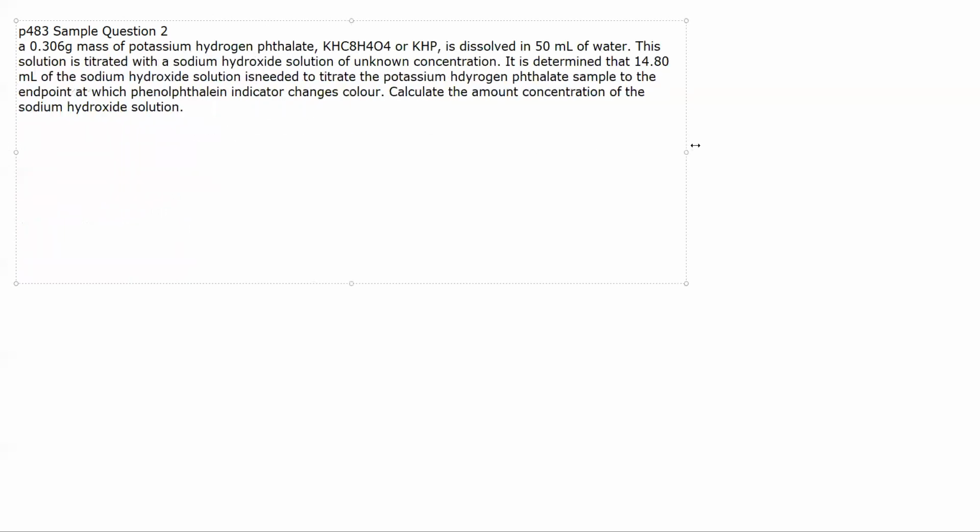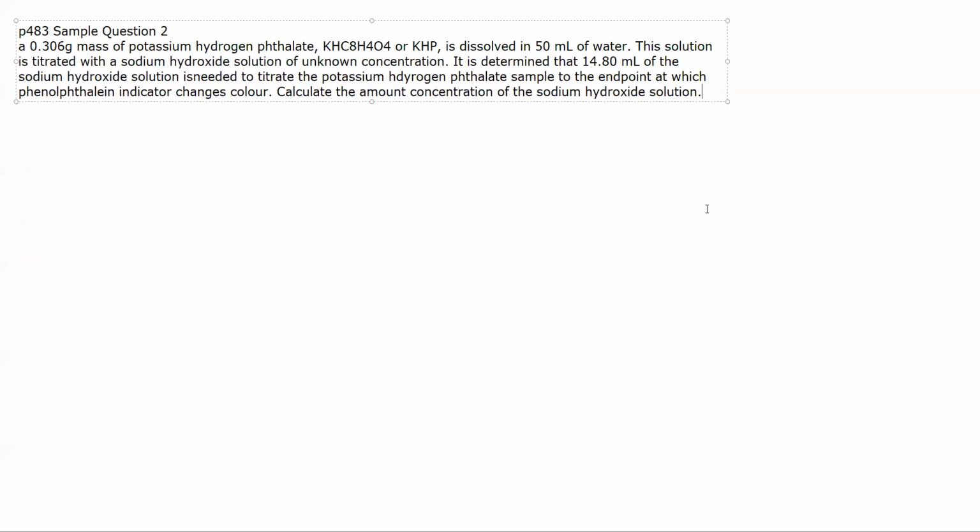Calculate the amount concentration of the sodium hydroxide solution. That was really long. And there's a lot of information there.